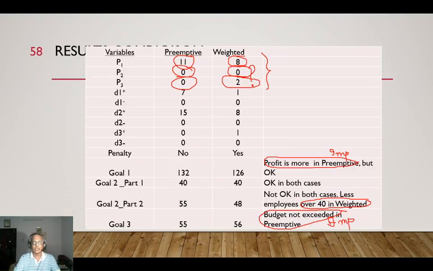If we compare both the results, what we observe actually, let us see the combinations: with preemptive method it is 1100, whereas for weighted method it is 802. And for each goal, goal 1, goal 2, part 2, actually. So in case of preemptive, profit is more in preemptive method.